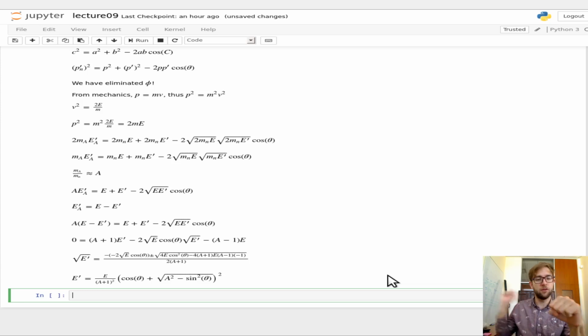Theta equals pi over 2 is where the neutron comes in and it bounces orthogonally off. And theta equals pi is when the neutron comes in and then bounces directly back the way it came. And so those are all interesting and important, and you should plug in those numbers to this equation and see what you get. But I think that's about all the time that we have for today, so thanks a lot, and I'll see you next time.